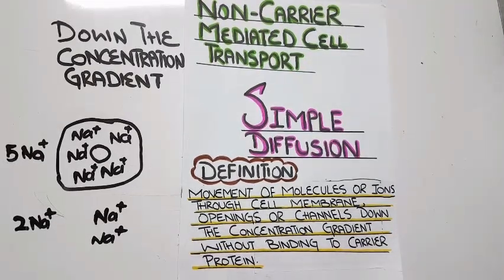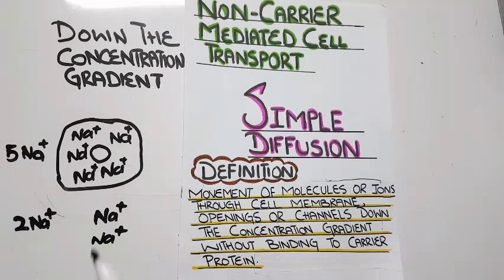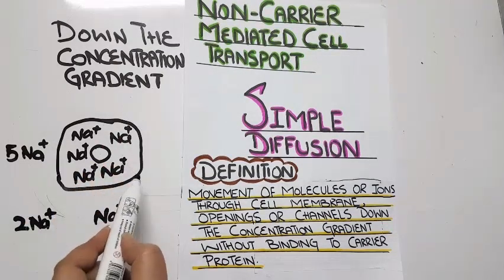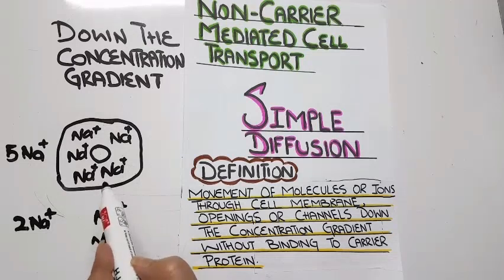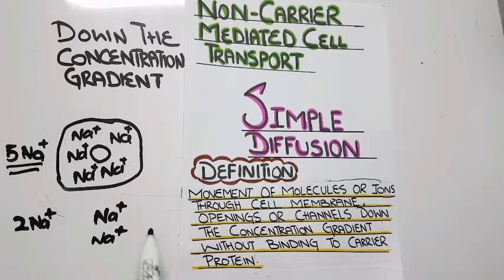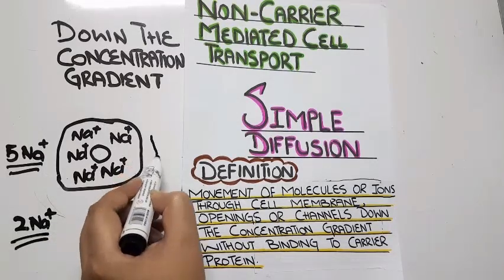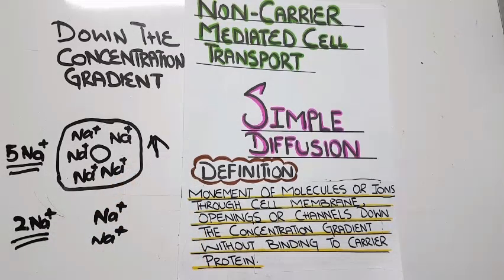Okay, then what do we mean by down the concentration gradient? Let's say this is a cell, and inside the cell we have 5 sodium ions, and outside the cell we have 2 sodium ions, which means that the concentration of sodium ions inside the cell is higher and the concentration of sodium ions outside the cell is low.